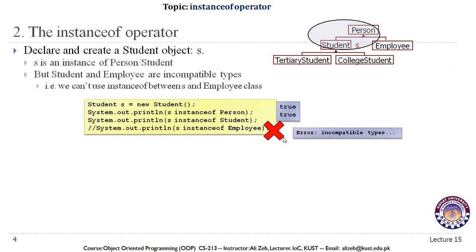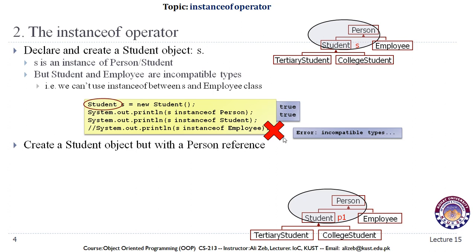It is an incompatible comparison. It is a comparison between two classes, or an object of a class and a class, that are not compatible with each other, because s is an object of the Student class, which is a subclass of the Person class but has no direct relationship with the Employee class.